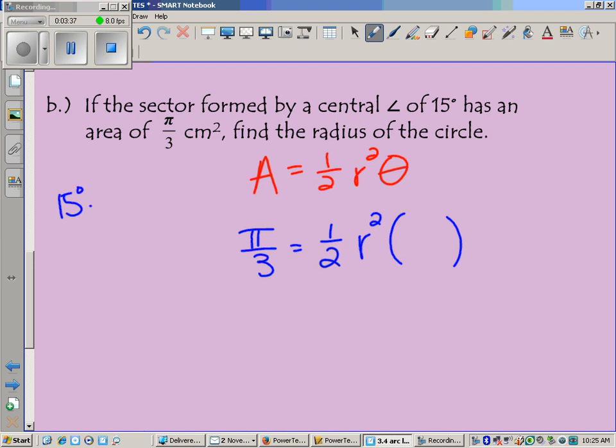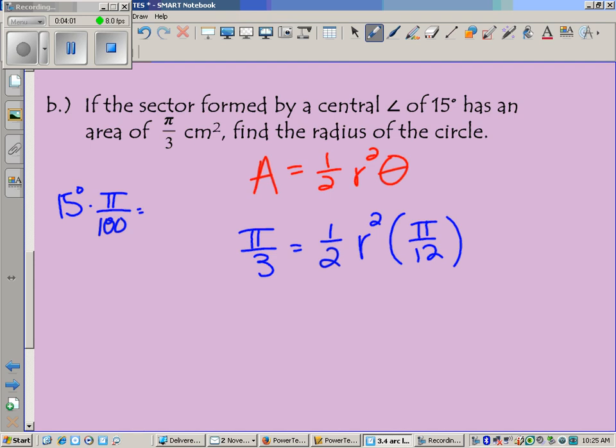So if you need to, off to the side, convert your 15 degrees to radians by multiplying by pi/180. So how many radians is that? pi/12. Everybody okay with that? All right. Now we're solving for r, correct?